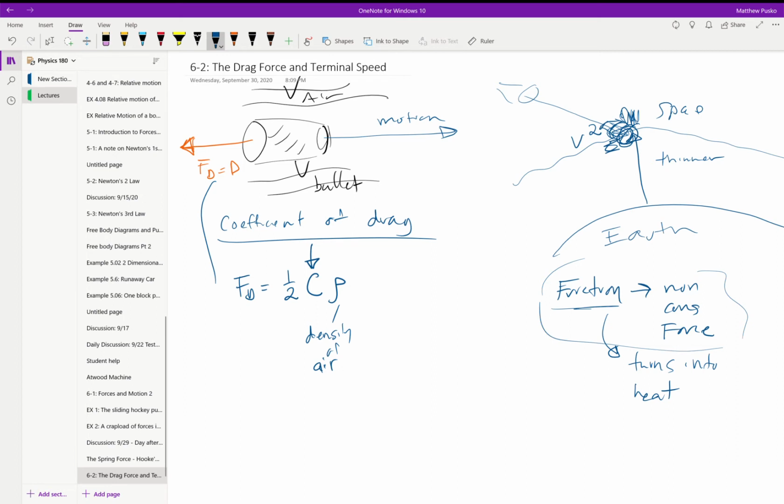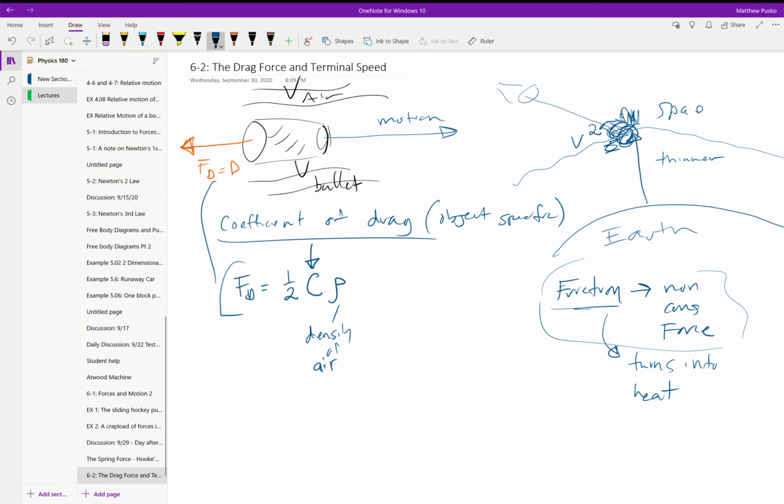So let's finish this formula. The force of drag is 1/2 times the coefficient of drag for that object, so it's object specific. And we multiply that by the density of air, so that depends where we are on the Earth's surface. If we're in a very humid environment, that's going to change versus being in the desert, right?